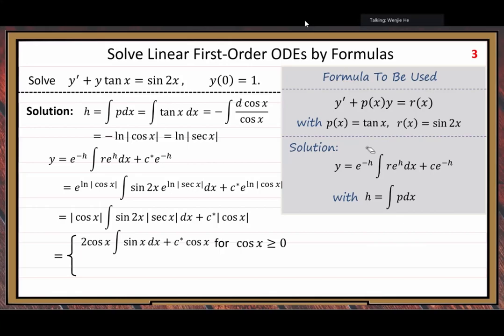The second form is where cosine of x is negative. But things are not as simple as what you see here, so let's look at these two conditions.